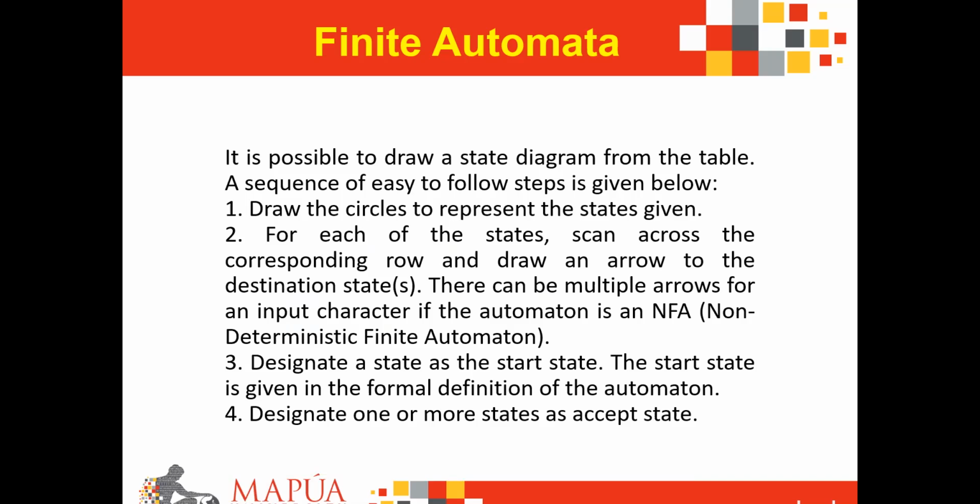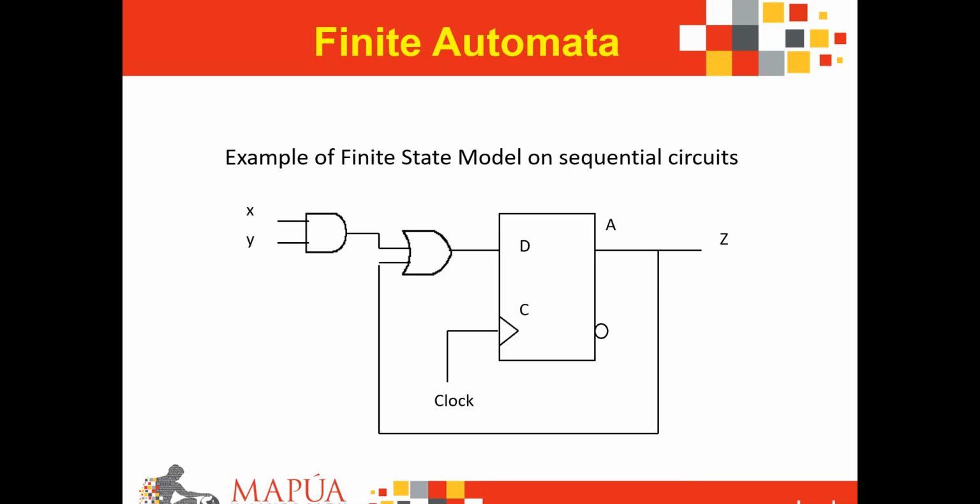There can be multiple arrows for an input character if you are creating a non-deterministic finite automaton. Designate your start state, which is usually given a formal definition on your automaton. Designate one or more states as your accept states, which show when the sequence of your inputs eventually ends.